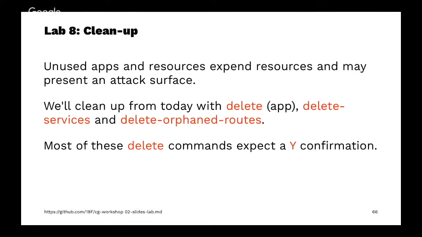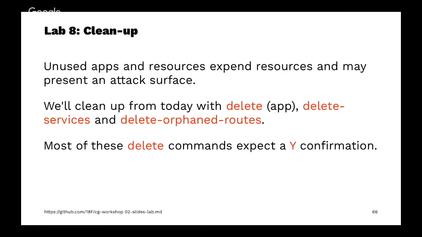Regardless, unused apps and resources cost something to run, and of course, anything that's not running does not present an attack surface. So we'll clean up today with the delete command, which takes care of an app, and delete-service to get rid of Redis. And then, as we mentioned earlier, the router keeps track of the URL that should be mapped to a particular application, and we need to delete those routes.